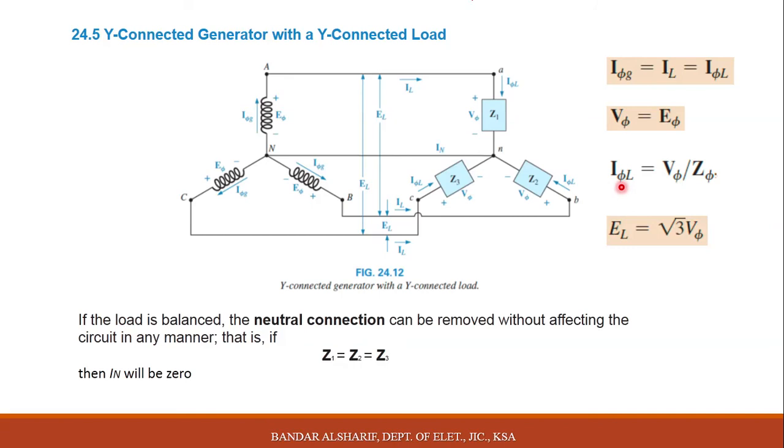But if you make a mistake and say E line divided by Z, you will get a different value. We will use the phase value to find the current phase, my student.